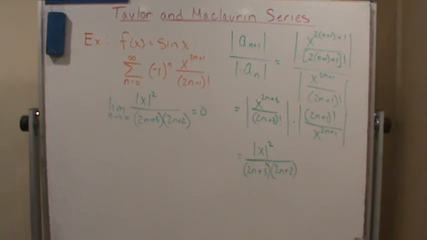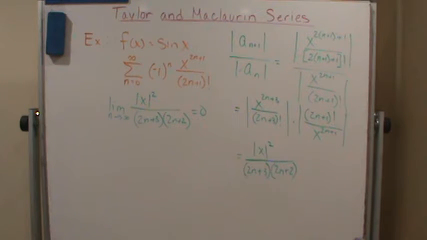So that's obvious. And since that's true for all x, that means that we have found an interval of convergence of the entire number line, so all real numbers. Negative infinity to positive infinity.